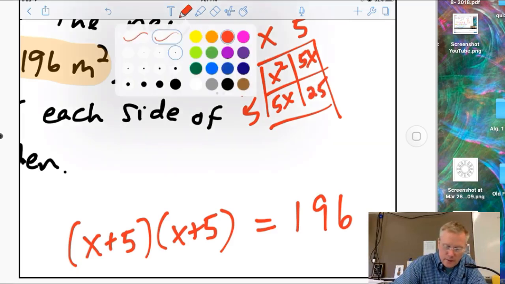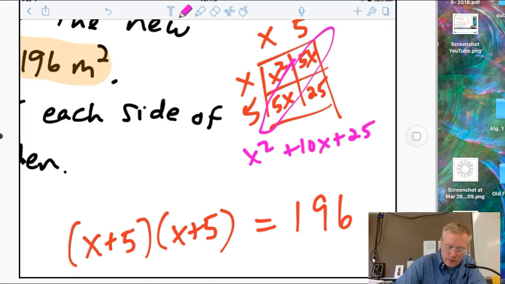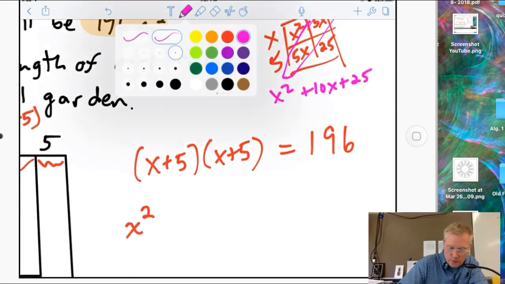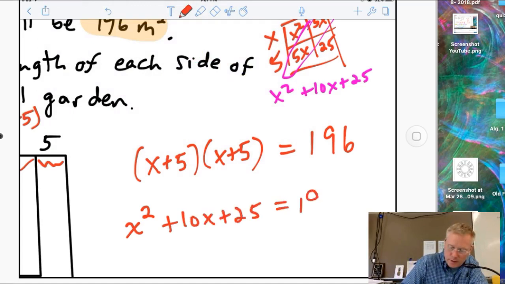And then you can add the 5x's together. You get x squared plus 10x plus 25, okay? That's what you get when you multiply that out. So let me finish this over here. Plus 10x plus 25 equals 196.